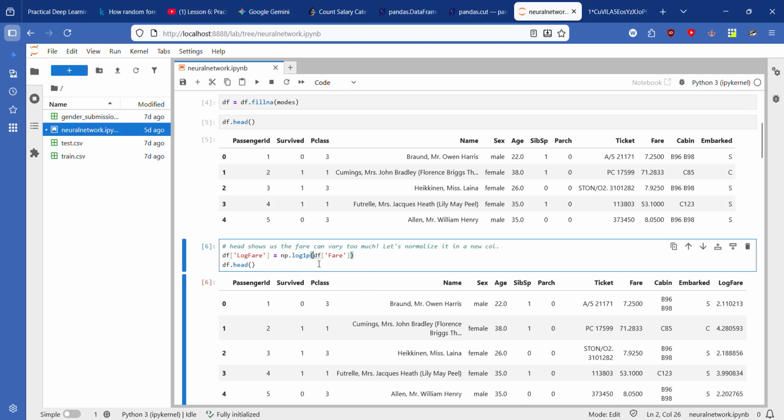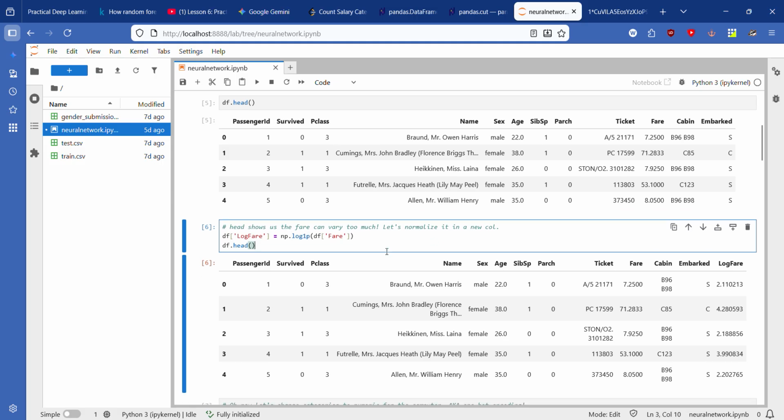And you might be wondering, why is there a 1p? I'm going to invite you to look that up if you're curious, but basically it's literally just adding +1 to the log function. And the reason for that is because if we don't add a 1, when you take the log of, I think it's 0, I might be wrong, I'm talking from the top of my head right now, but I believe if you take the log of 0, it kind of causes some weird math.